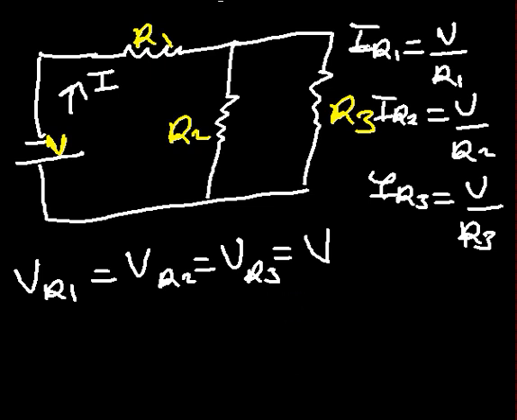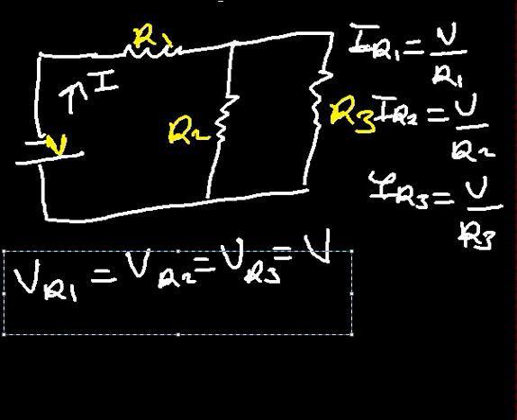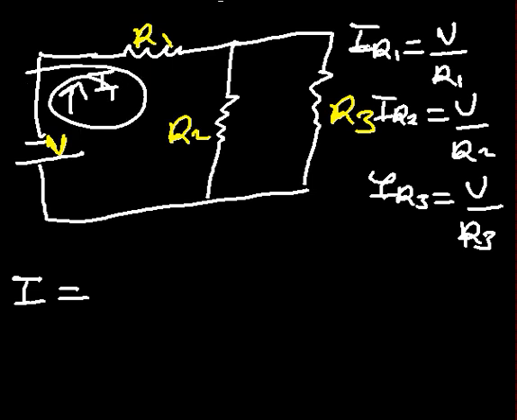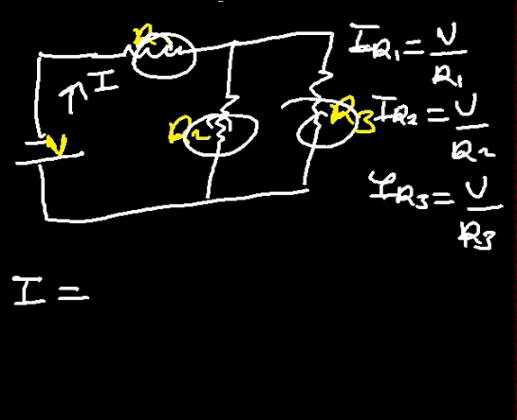So now, what is the total current if that's the case? Since the current is what is being shared in a parallel circuit, it means the total current, which is from the battery, has been shared onto this point, this point, this point, and the summation of the current has to be in this way.